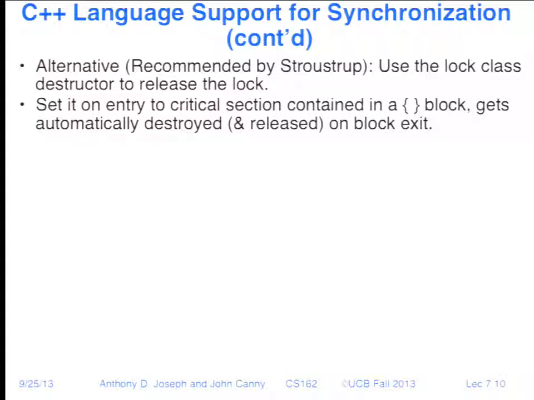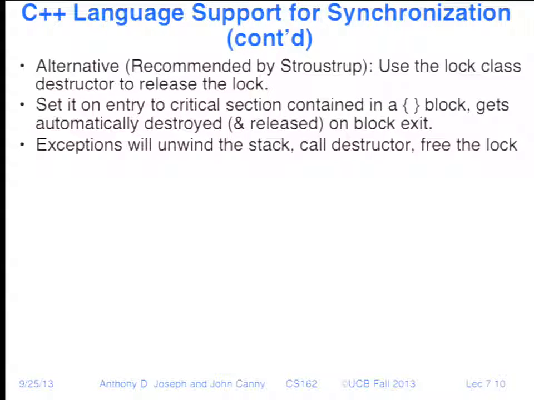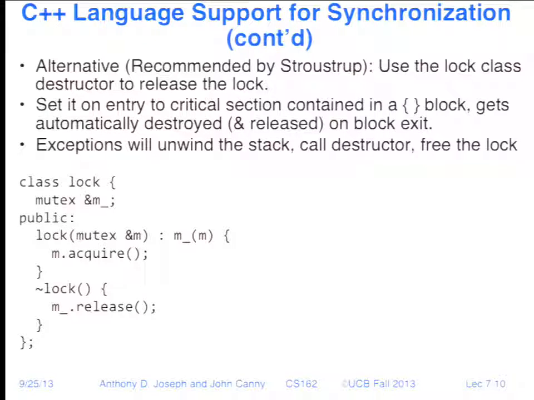For variables that are allocated on the stack, for automatic variables, the constructor is called when the variable is created, and the destructor is called when you exit from that block or stack frame. That allows you to let the unwinding code within C++ deal with locks.